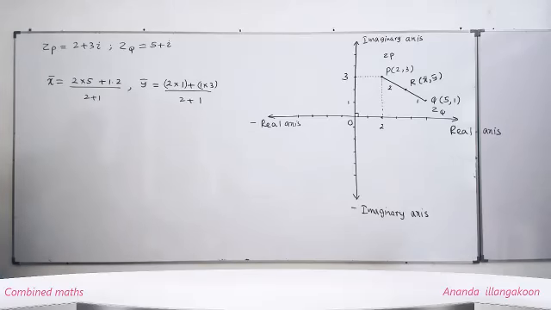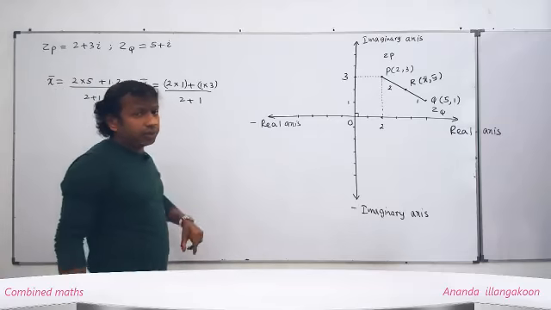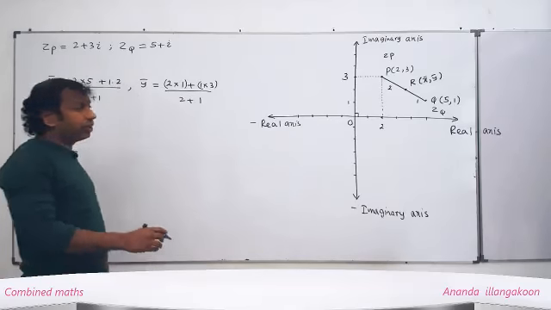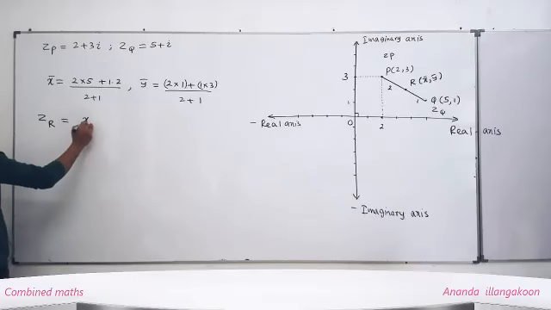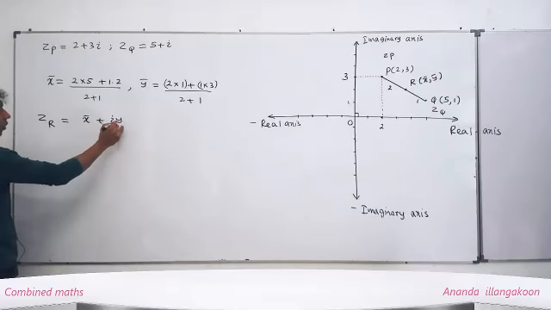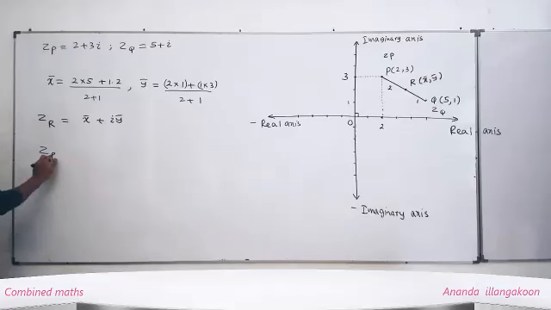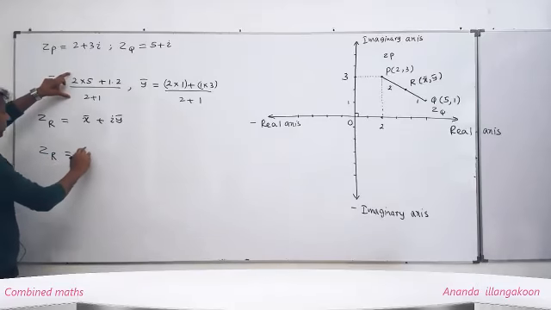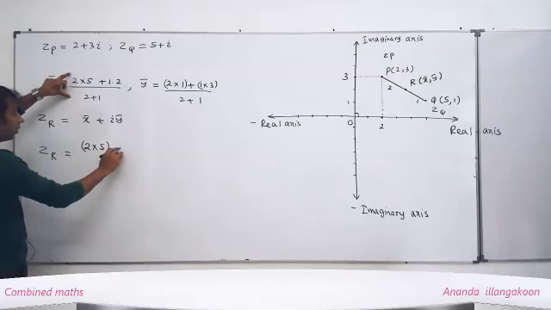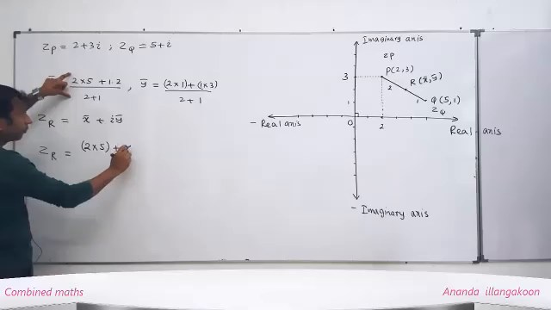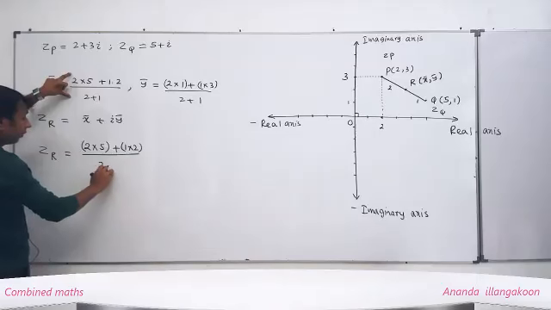Then I can write, people, the corresponding complex number represented by R. Is it x bar plus i y bar? x bar is this, 2 into 5 plus 1 into 2, over 2 plus 1.